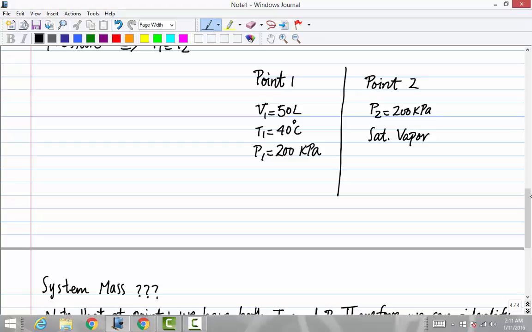And at point 1, I have volume, and it's just point 1. I don't know the volume at point 2. So I can take advantage of these two properties, temperature and pressure, and then realize the status of the matter. Then I can find specific volume, little v sub 1, and then use that and this V1 to find the mass. So this is the idea. This is what we're gonna do.